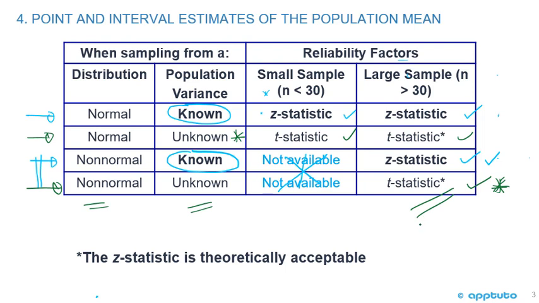So in summary, you're using the z-stat only when the population variance is known. If the distribution is non-normal and you know the population variance, but the sample size is less than 30, then no reliability is available. Just remember, non-normal, under 30, regardless of variance known or unknown, you can't do reliability, okay?